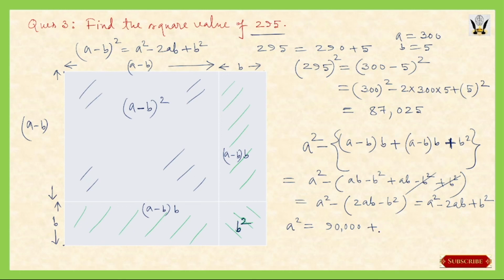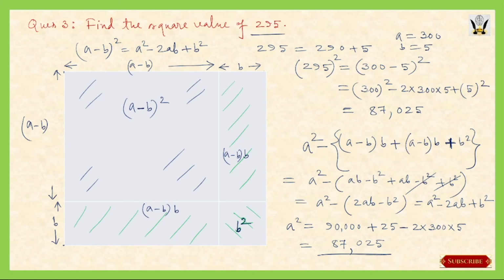Then we have plus B square, so it will be 25. Then we have minus 2AB, so 2 into 300 multiplied by 5. So it will be 87,025. This is the answer, and we obtain this if we apply the normal or conventional method to find the square value of 295.